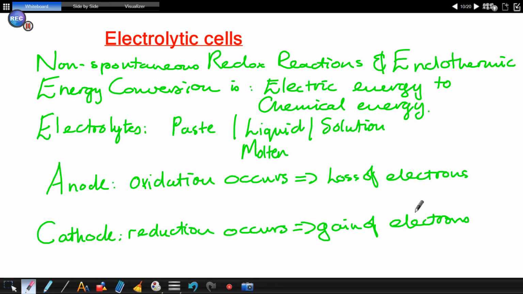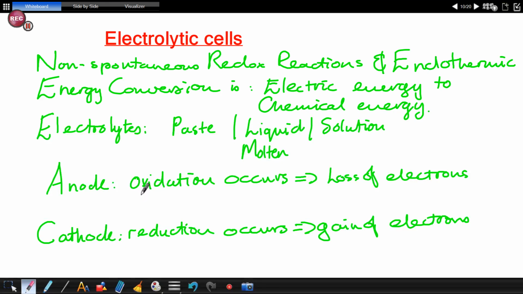Here in the electrolytic cells, the loss of electrons occurs at which electrode? Now here the electrode is actually physically connected to a battery. So which electrode will take the electrons given off by the oxidation?